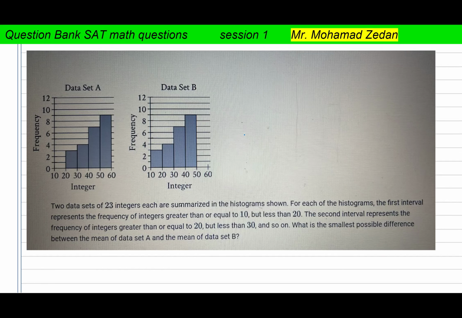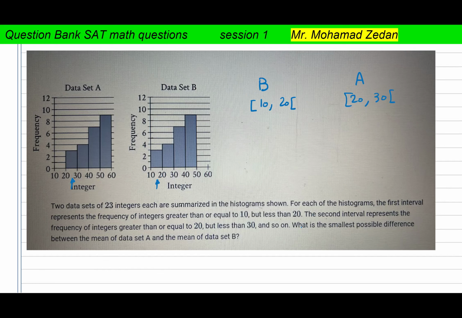So the first set here in A starts at 20 to 30, while the first set in B is 10 to 20. So if you start with data set B and write the first set, 10 and less than 20, the corresponding data set in A is 20 and all numbers less than 30.